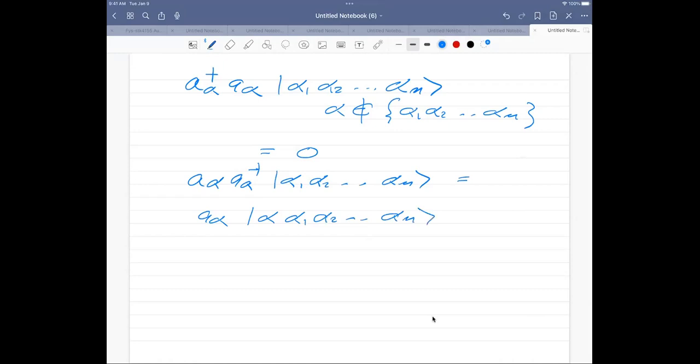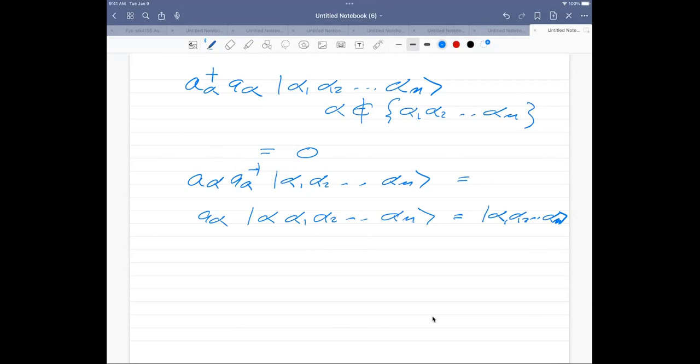And this is now a state which brings us back to the same. When we act with this alpha destruction operator, we take away the particle in state alpha, and then we are just back to the same state, like this. And that means that if I now subtract these two terms, I'm going to get something which I'm going to use now to build up the commutation relation.